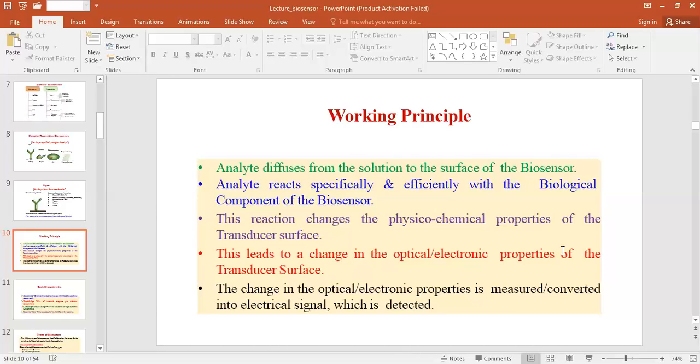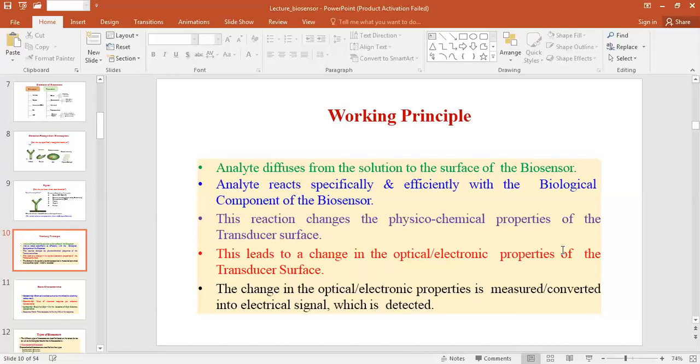For example, the analyte is changed to a product which may be connected to the discharge of gas, or production of heat, or production of ions or hydrogen ions. So in this, the transducer can alter the device that is linked to it and convert it into electrical signals. And these converted electrical signals can be processed and calculated.